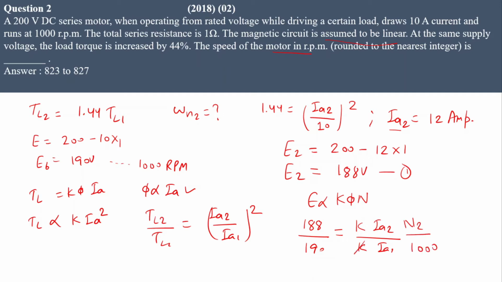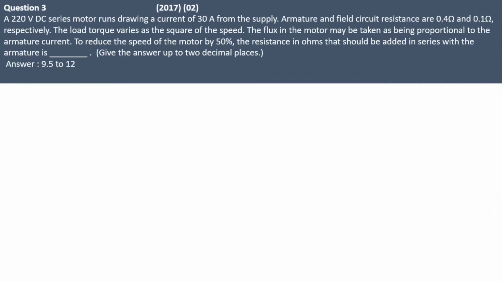So you know Ia2 by Ia1, and after solving this you will get N2 equal to how much? 825 RPM. So this is a 2 marks question asked in GATE 2018. So 825 RPM is the correct answer. Okay. Next, try it yourself. This is asked in GATE 2017 for 2 marks.